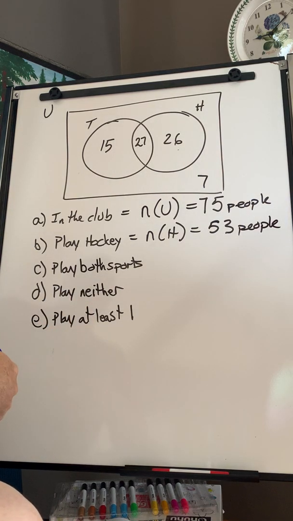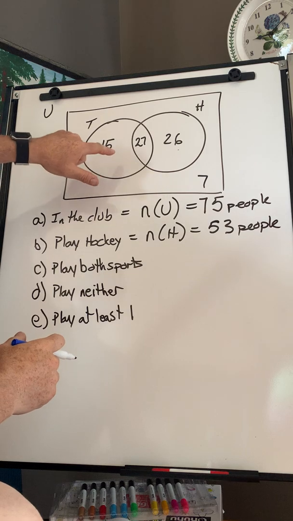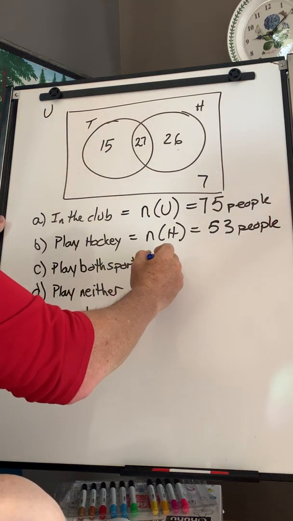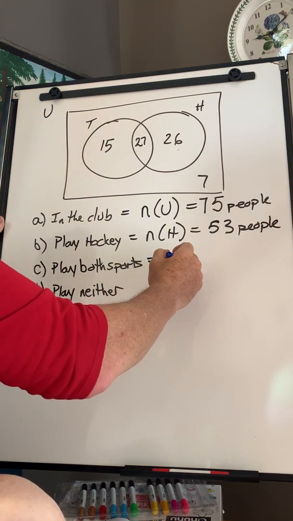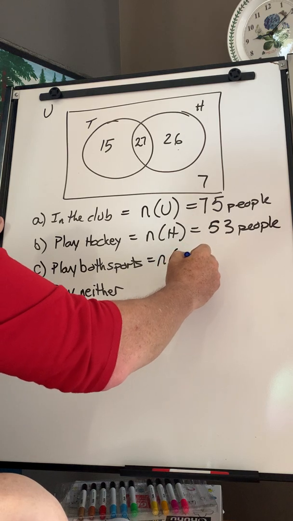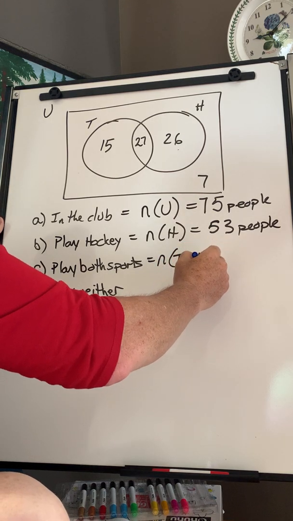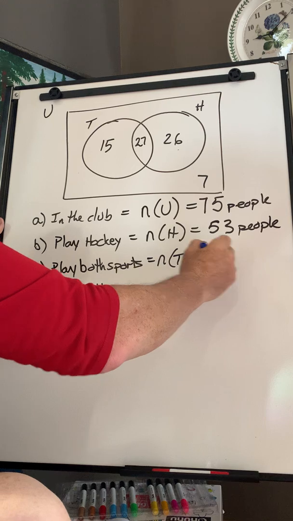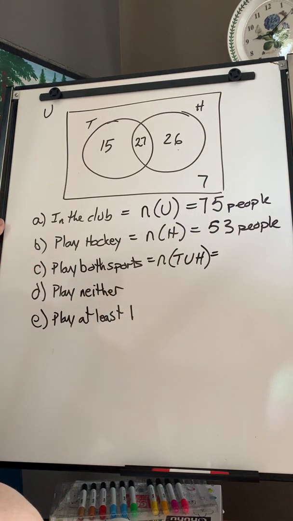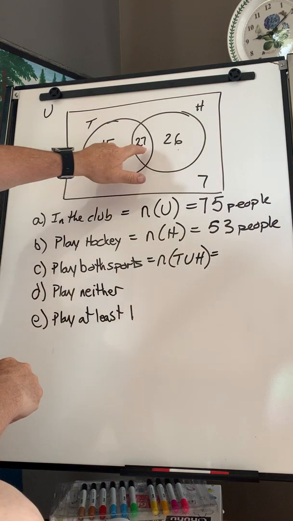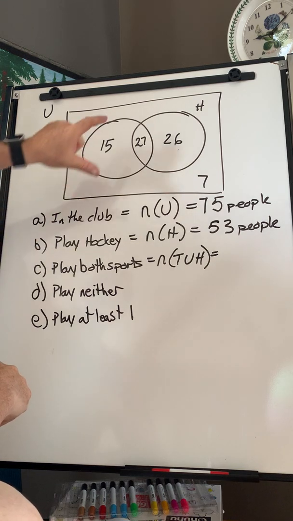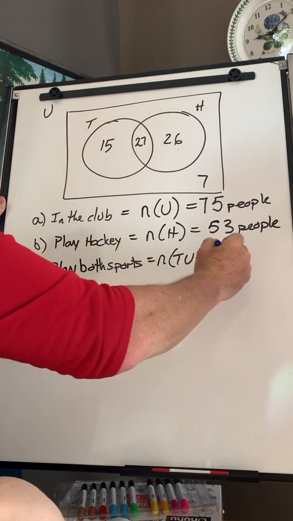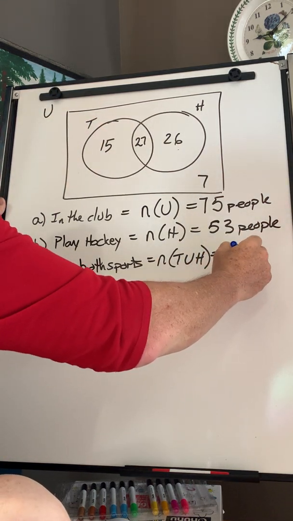Play both sports. How many people play both sports? Well, that would mean I want the number of people who play tennis and hockey. So these 27 play both because they're in both circles. 27 people.